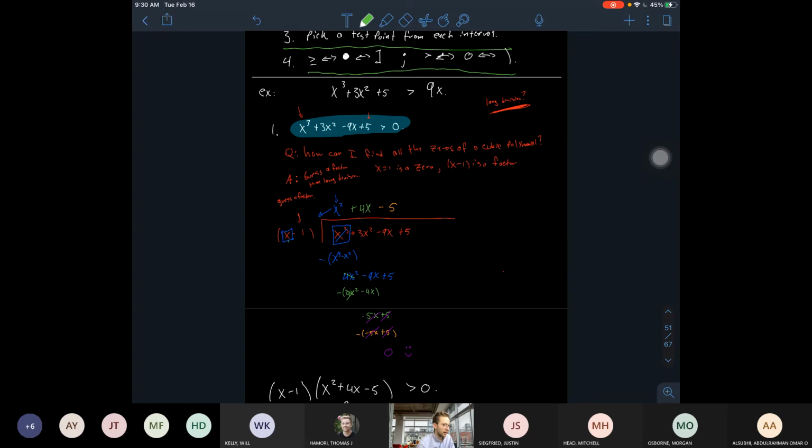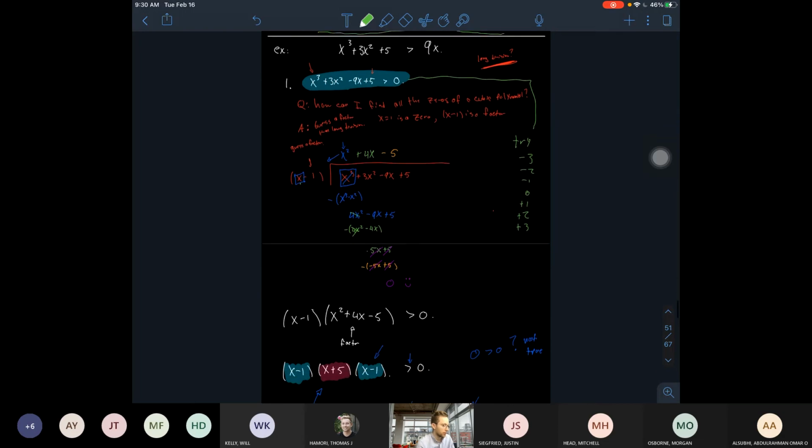So if I were going to try this problem and I really just had no clue what is going to make this thing 0, I would try numbers like -3, -2, -1, 0, 1, 2, and 3. Just try those numbers, and if none of those make that thing 0, then, well, I would be shocked if there was an exam question and none of those were a factor. That would be highly irregular. In fact, I'm telling you that I'm not going to do that.